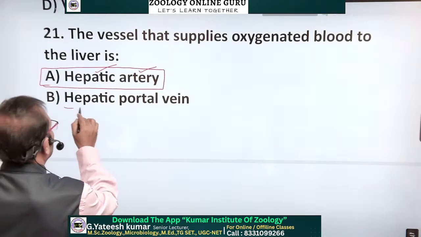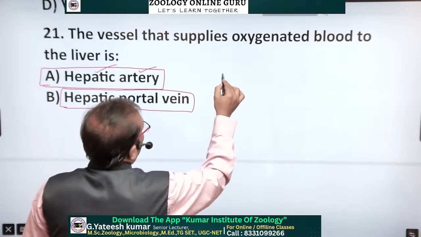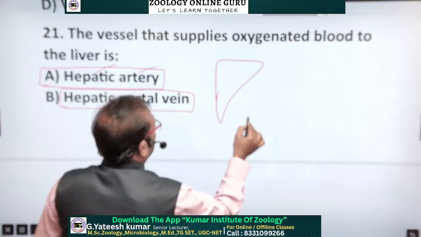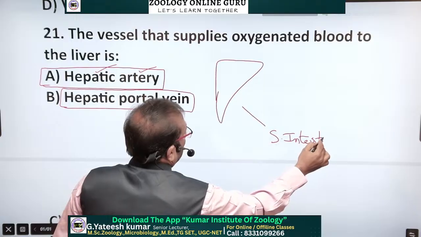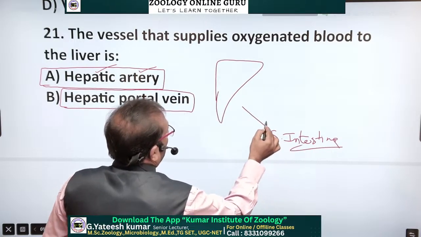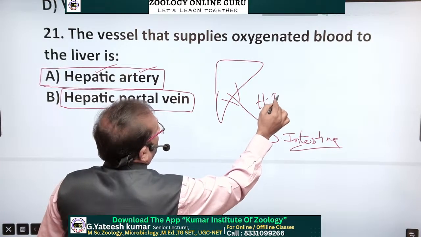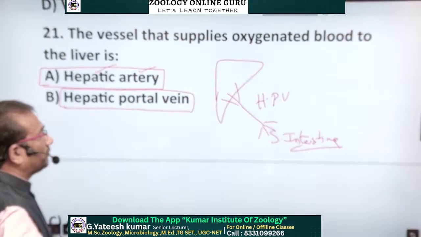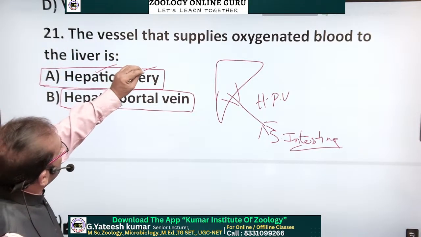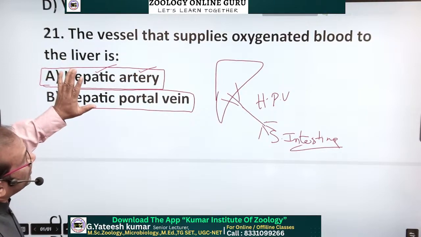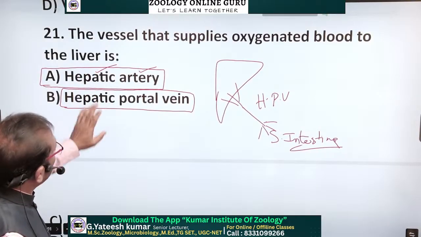The hepatic portal vein, which we discussed in the question above, is the link between the small intestine and the liver. That system is called the hepatic portal vein system, which is different. Here they ask about the blood vessel that supplies oxygenated blood to the liver. The pure blood received by the liver comes by the hepatic artery.